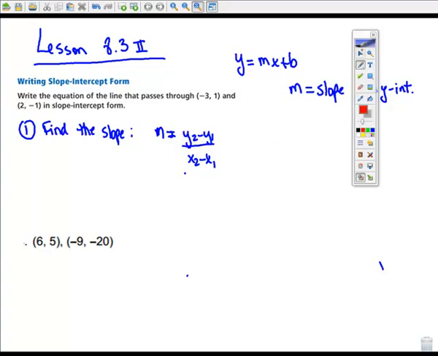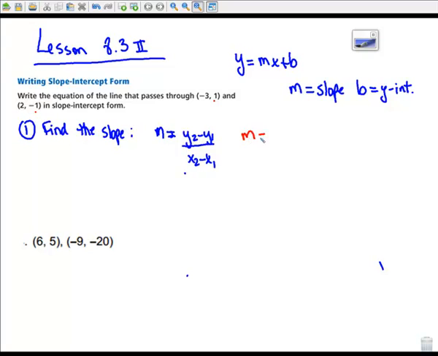So I'm going to take 1, subtract -1, so there's my change in y, and -3, subtract 2.